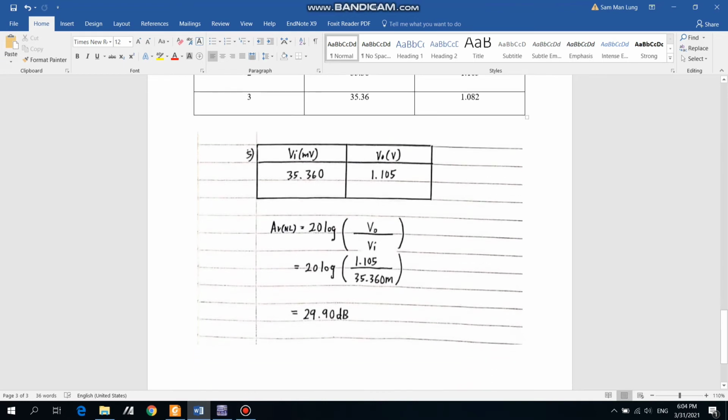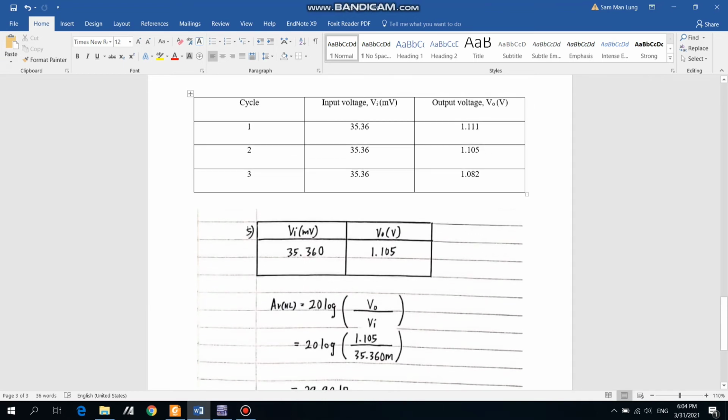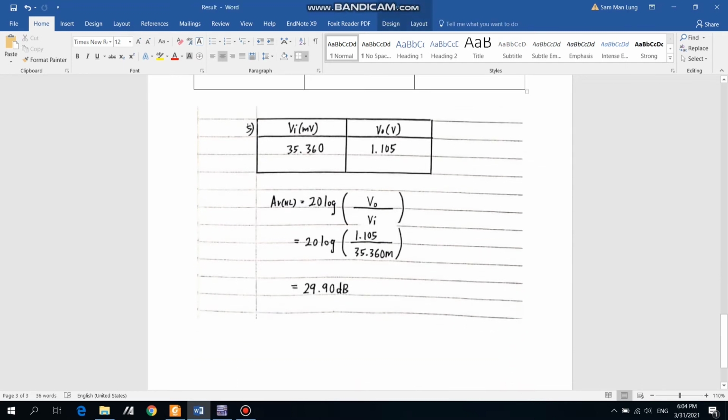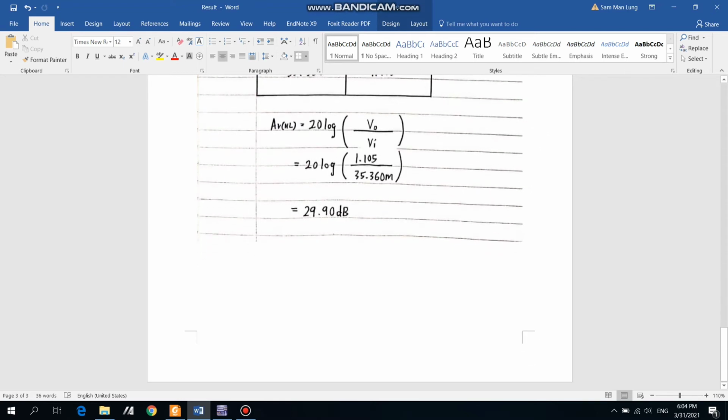And then we just choose one set of the data, so we choose cycle 2 values, and put it into the formula. The same thing, V out divided by V in, and then log it times 20, we get 29.9 decibels. That's all for me. Thank you.